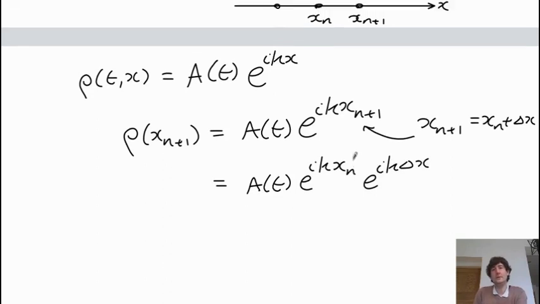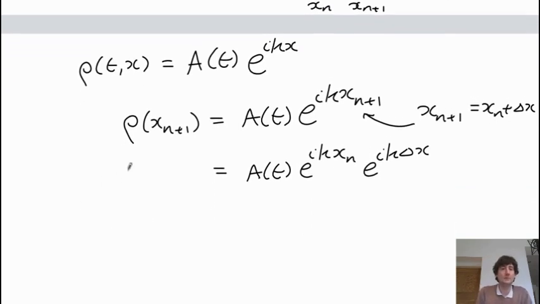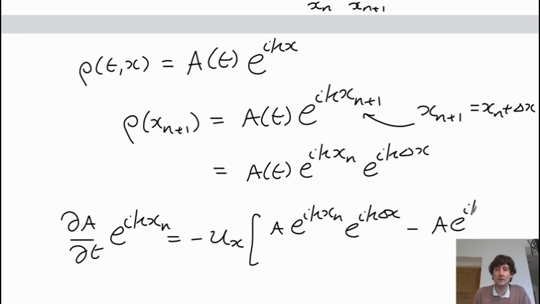We can substitute this into our finite difference approximation. d rho by dt is dA by dt, because that's the only part of rho that depends on time, times e to the i k x. Then we have minus u_x multiplied by the finite difference formula: rho at x_{n+1}, which gives A e to the i k x_n times e to the i k delta x, minus rho at x_n, which is just A e to the i k x_n, all divided by delta x.